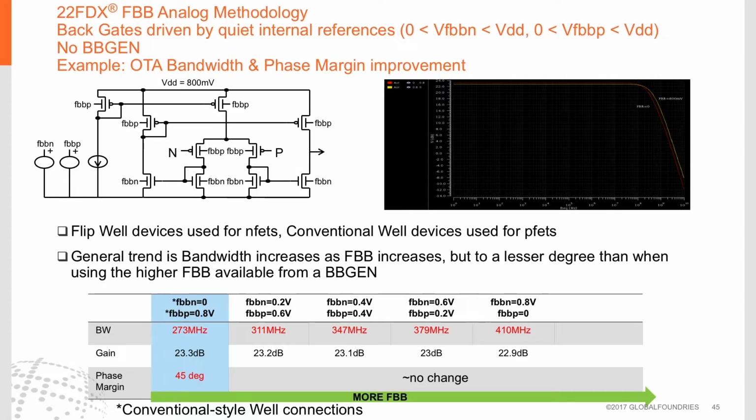Again, this is for a minimum channel length structure. Predominantly, it's the N-channel devices in this case that are responsible for this increase in bandwidth. Strictly speaking, the P-channel devices here are not forward backgate biased, but they're actually reverse backgate biased because the voltages applied to the backgate of the PFET devices are greater than 0.